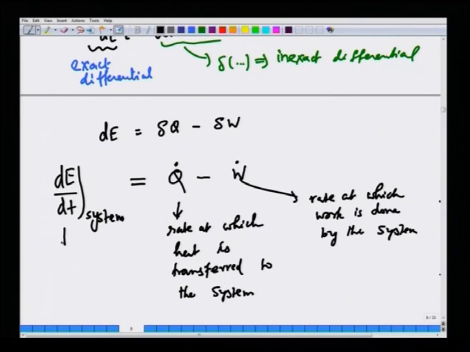This is the rate at which energy of the system changes with time, the rate of change of energy of the system.